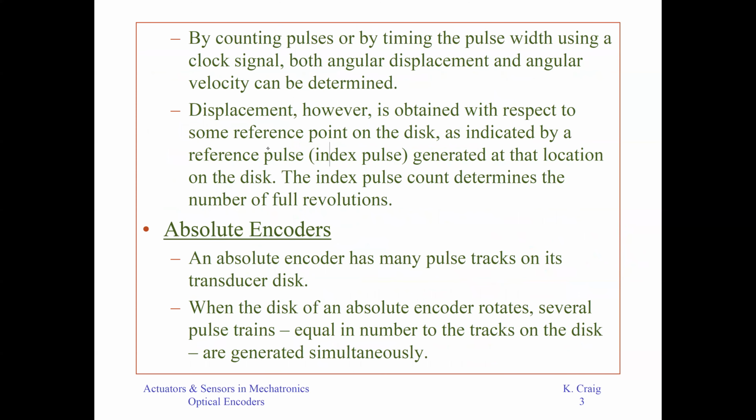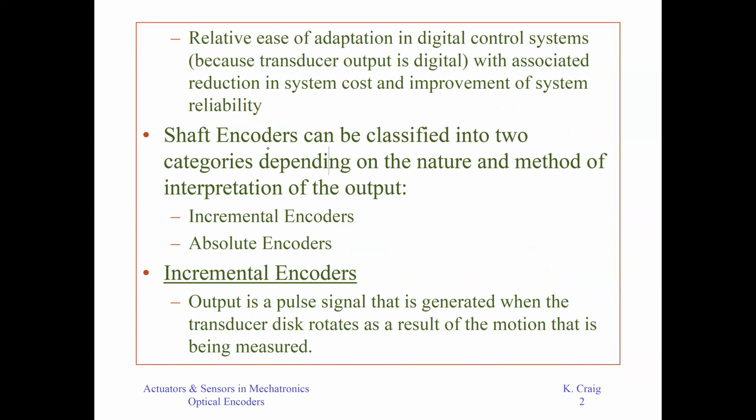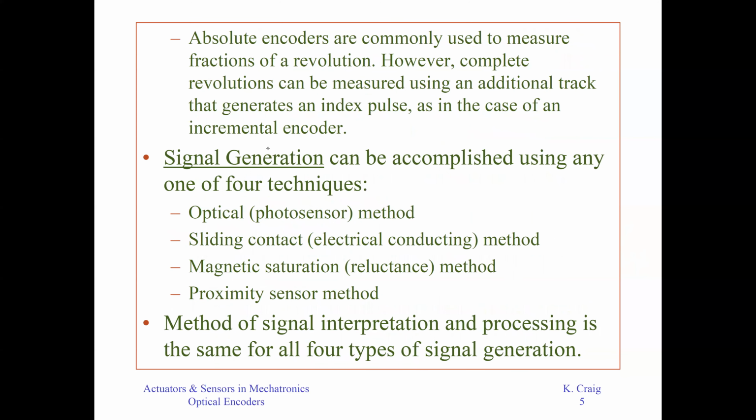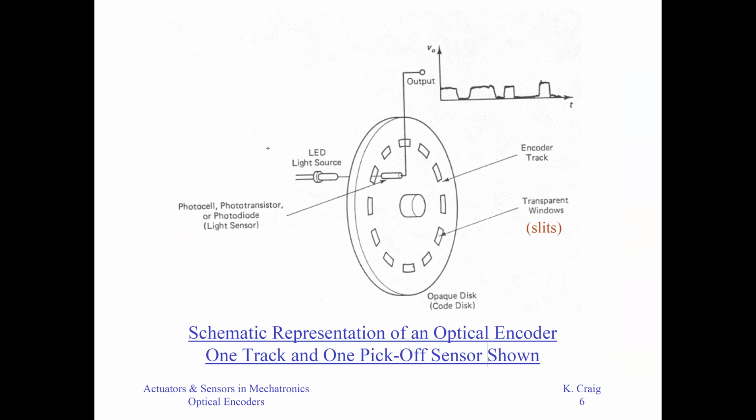In shaft encoders, we have 2 types. One is called the incremental encoder. Another one is called the absolute encoder. We need to learn both today. Let's do a simple one. You have one track, one pickoff sensor shown. This is the light source inside. You can use an LED light source.